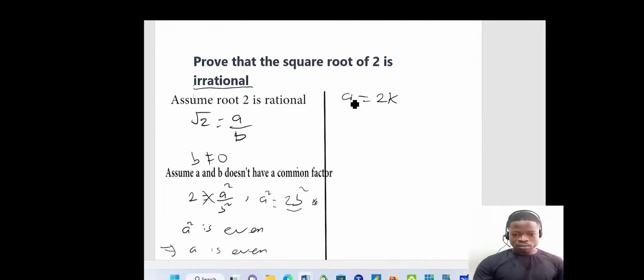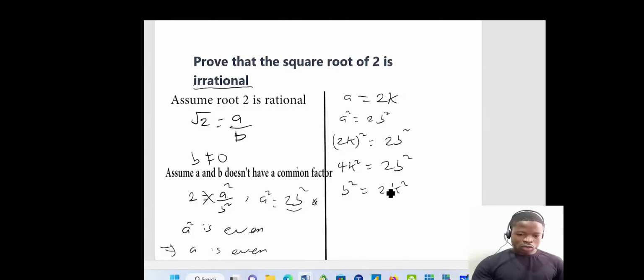So if a equals 2k, from a squared equals 2b squared, we can say (2k) raised to power 2 equals 2b squared. So we have 4k squared equals 2b squared. Then if we divide both sides by 2, we have b squared equals 2k squared.